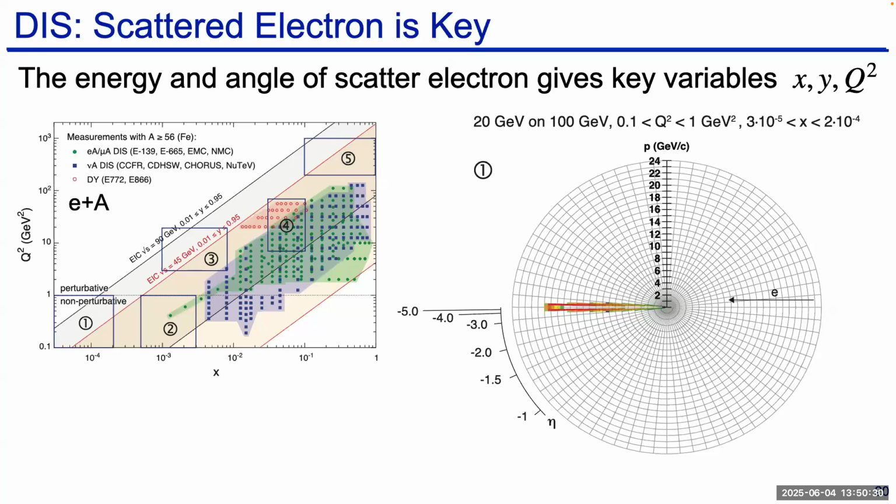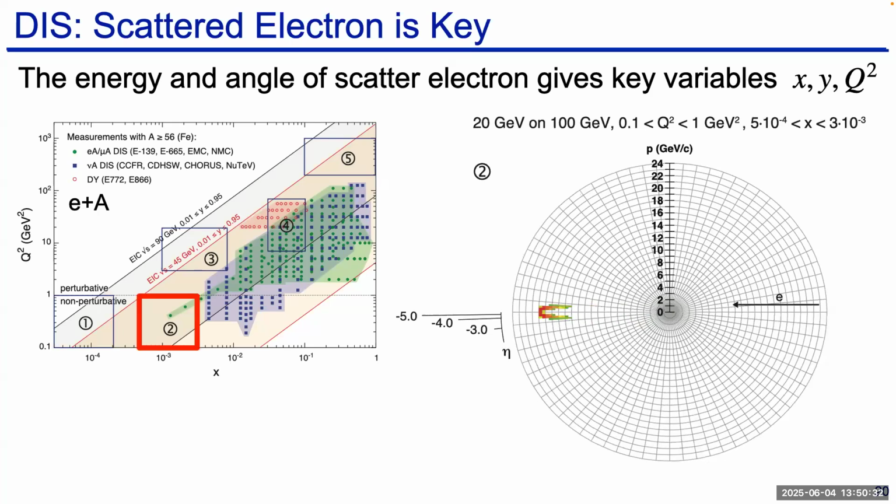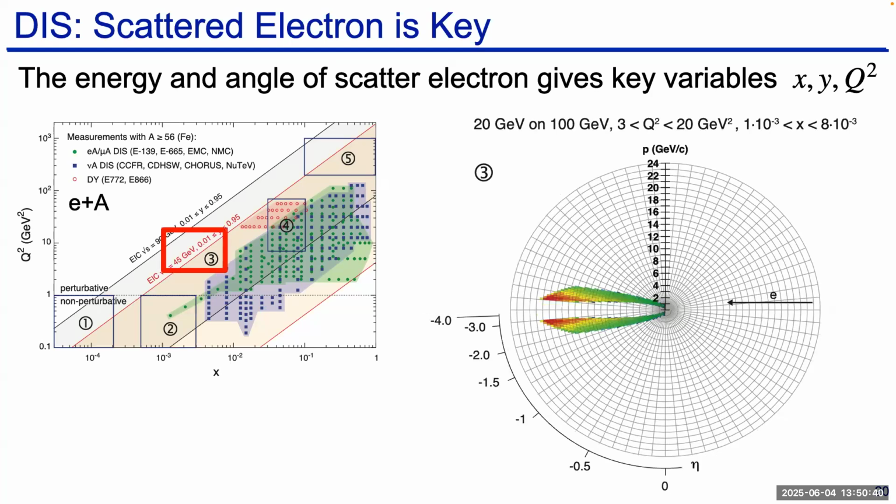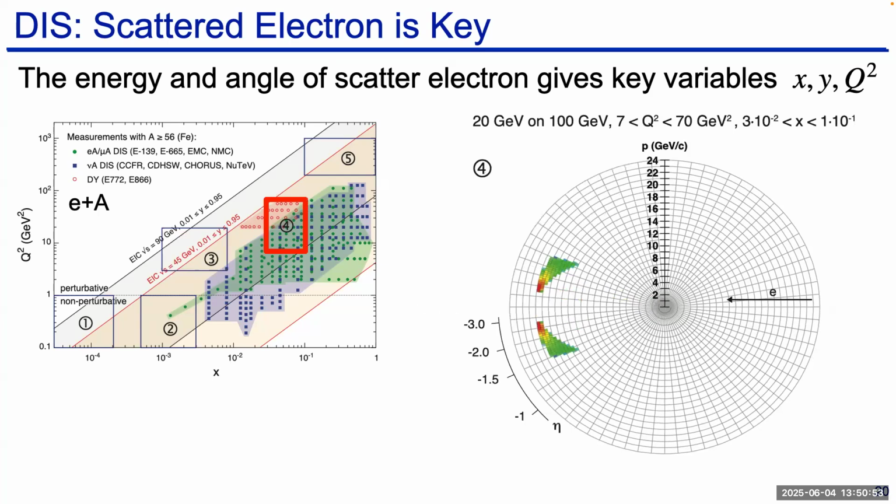That sucks. So now I go a little bit to larger X, and we are improving slightly. You see that things grow a little bit. Now, if I'm going up in Q squared, then things improve a little bit. And you see -3 to 3, this is very well now in the central detector. It's in the forward end caps, but we can do it, okay? And then if I go to 4, even then, we are not really at mid rapidity.